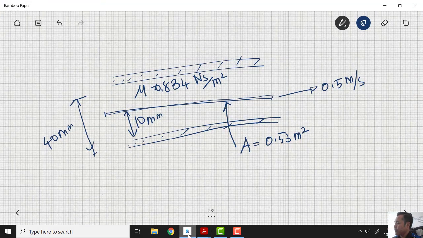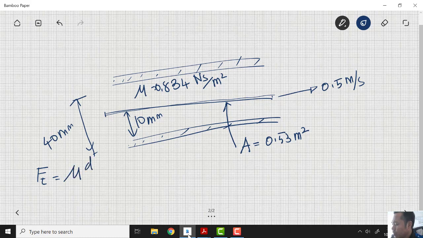So what is shear force? We had looked at it before. Shear force Ft equals mu du dy times A. Mu is already known to us, they gave us the mu. U is also given to us, which is 0.5.